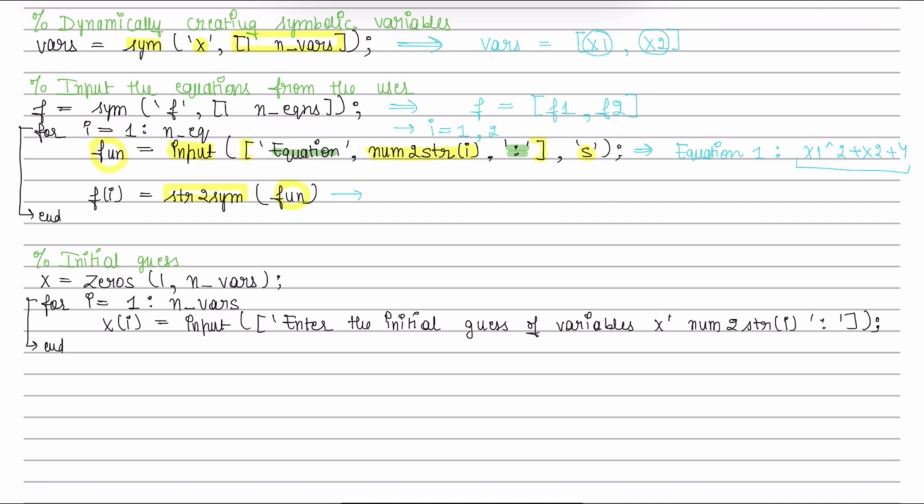So initially we have used a variable x which will be treated as a vector and whose entries are all 0, and then we will use the input statement to enter the initial guess of the variables, and this will help to print the variable number as we have discussed in the previous loop, defining the tolerance as 8 decimal places.